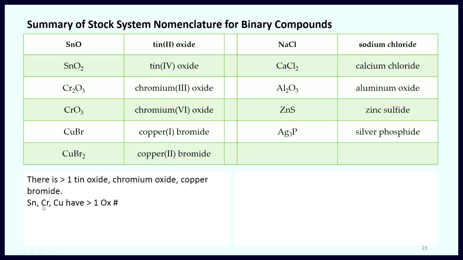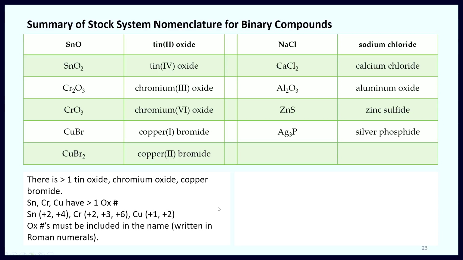You see tin, chromium, and copper all have more than one oxidation number. In the case of tin, it's 2 and 4, chromium is 2, 3, and 6, copper is 1 and 2. So the rule is that oxidation numbers must be included in the name written in Roman numerals whenever there's more than one oxidation number in a compound.